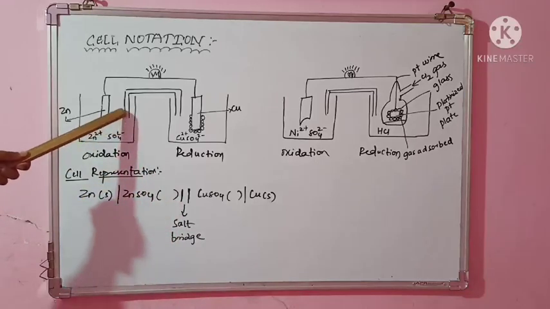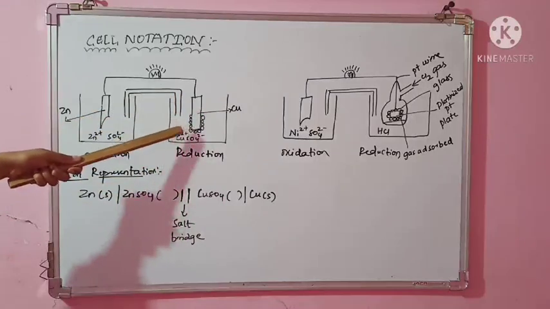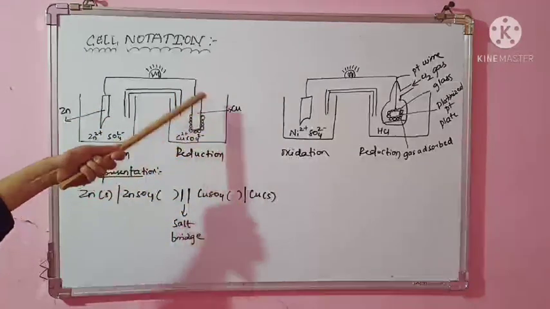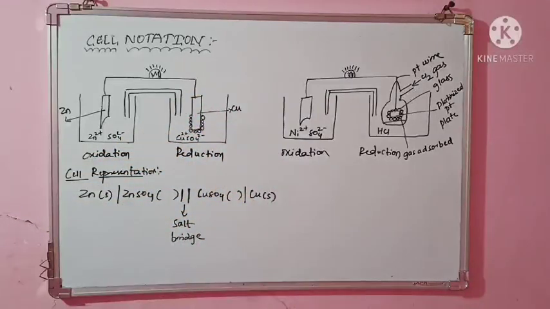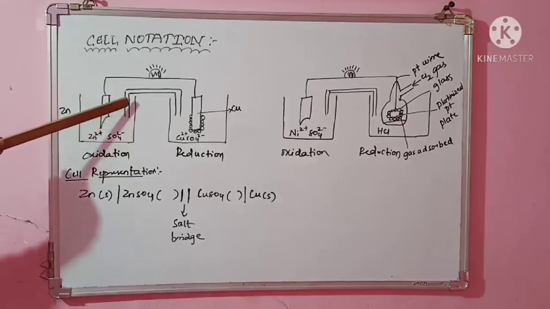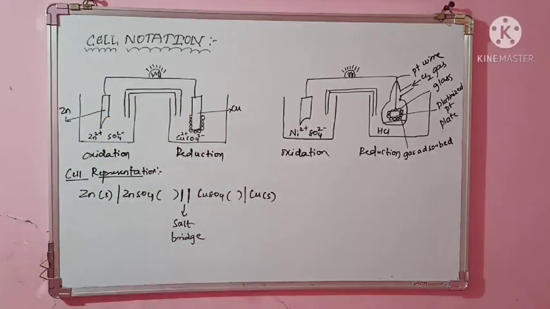Then, along with that, you draw the salt bridge. The salt bridge is in connection with what? CuSO4. It will have a certain concentration, and then this CuSO4 is in contact with copper. Just coming from left to right, you have to follow this path. See here: electrode, solution, salt bridge, solution, electrode. If you do this, that is the completion of your cell representation.